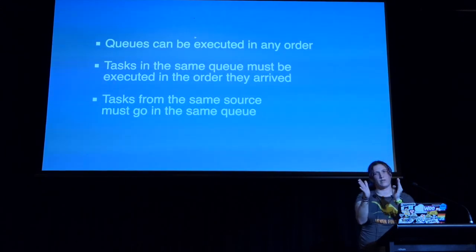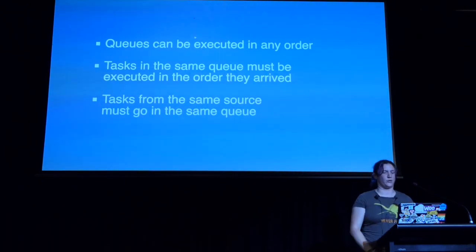The tasks still have to be executed in order within the queue, so the thing that arrives first in the queue gets executed first. The other rule is that tasks from the same source have to go in the same queue. For instance, in Node, there's a queue for all of the set timeout events, so all of the set timeout callbacks have to go in that queue.